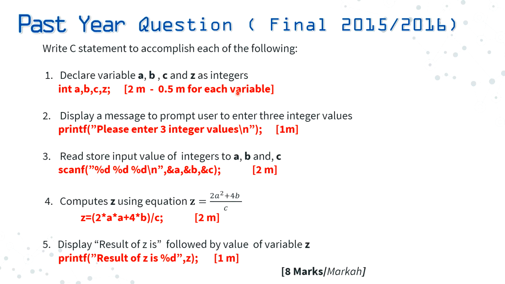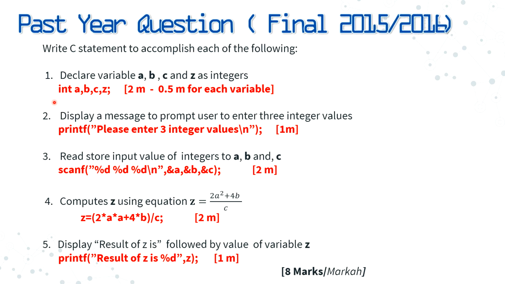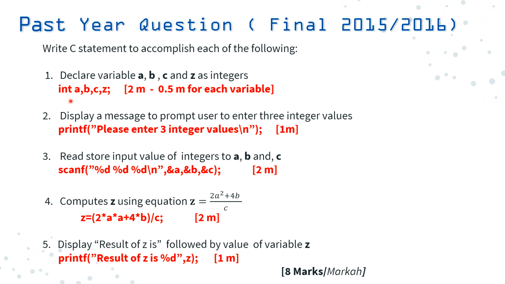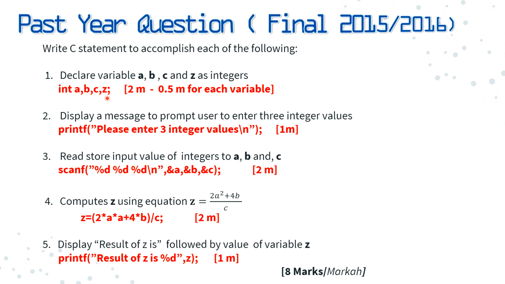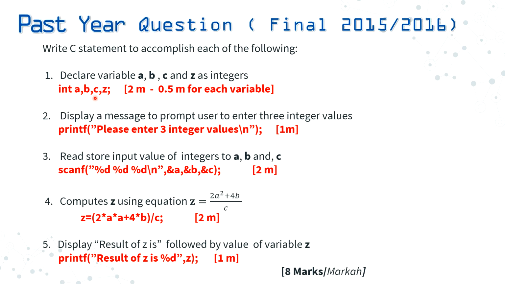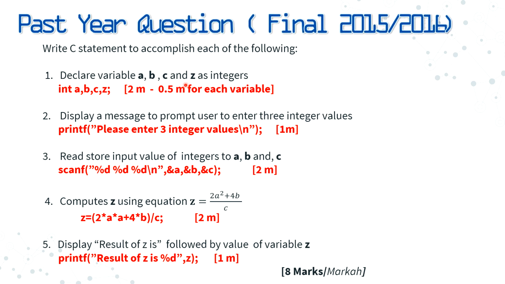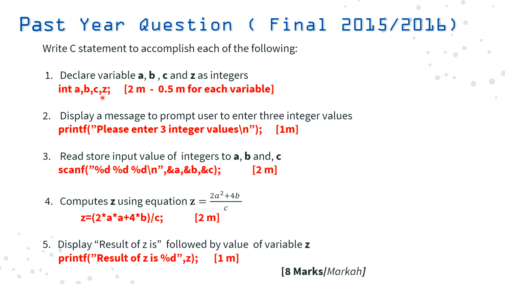So here is the step-by-step code solution. For step 1, int A, B, C, and Z. This safely declares our integer variables. If the question asks you to declare variables A, B, C, and Z as integers, you write like this.